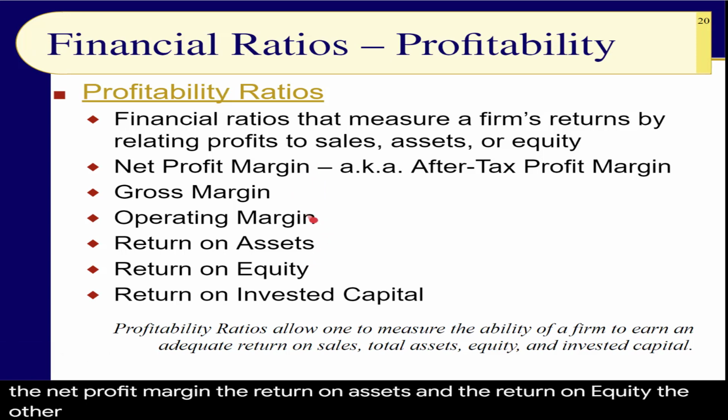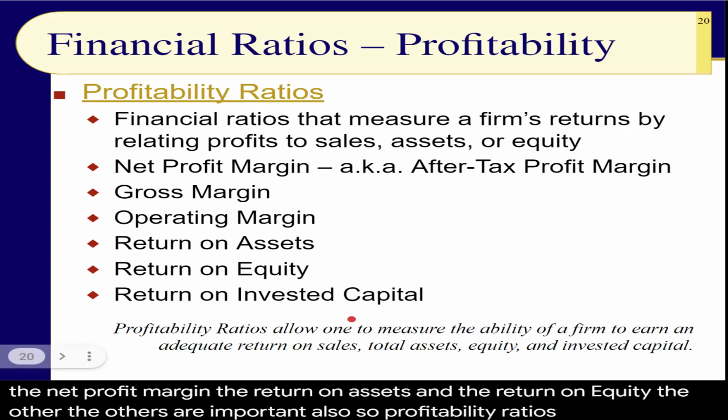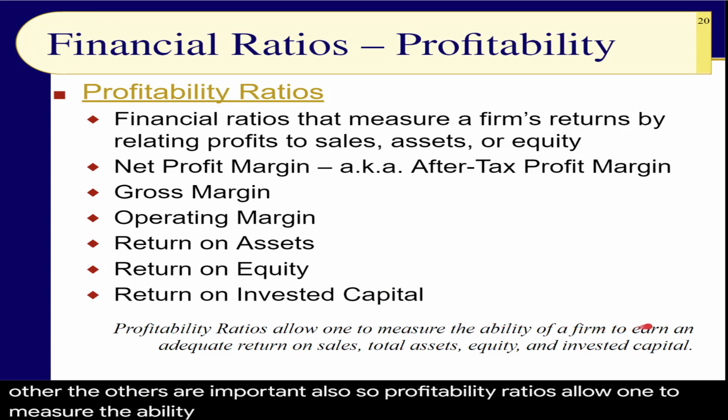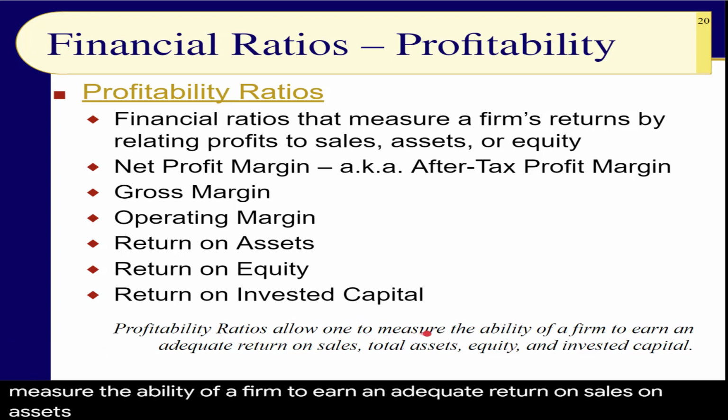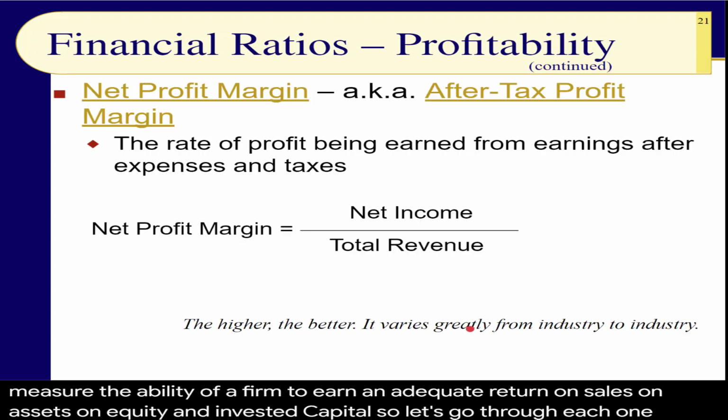The others are important also. Profitability ratios allow one to measure the ability of a firm to earn an adequate return on sales, on assets, on equity, and invested capital. So let's go through each one separately.